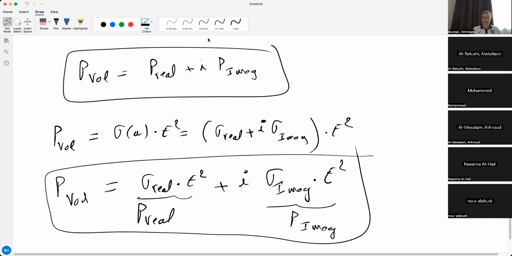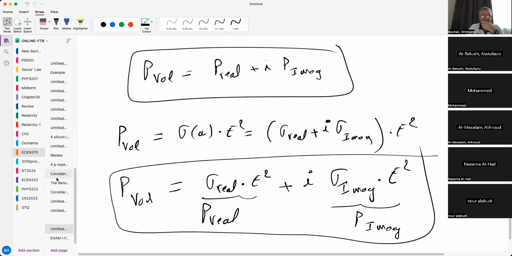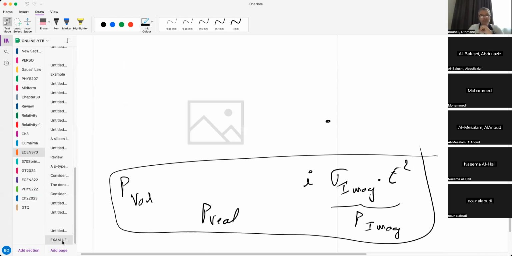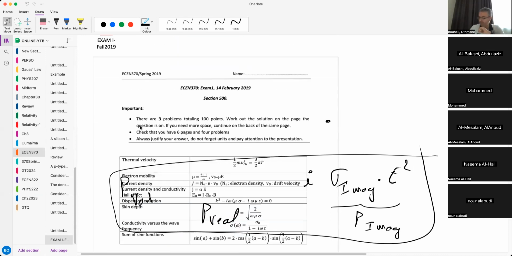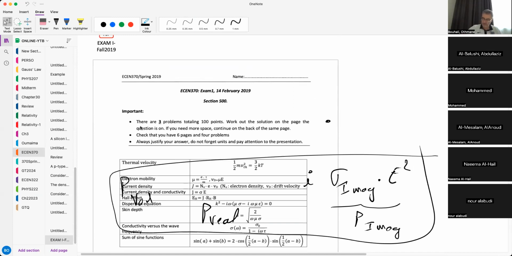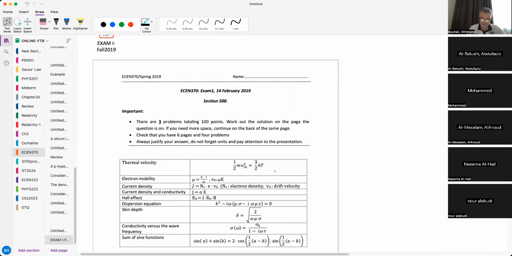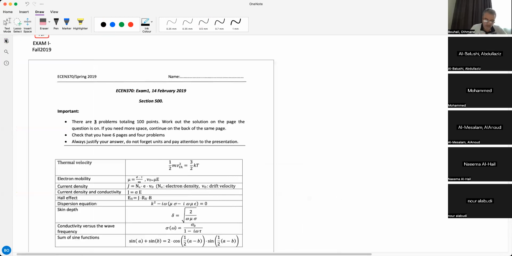Any questions? Okay, if not, now I will start solving one exam. So that is an exam. I always have this problem with this OneNote.